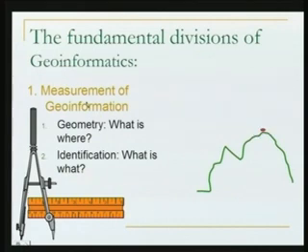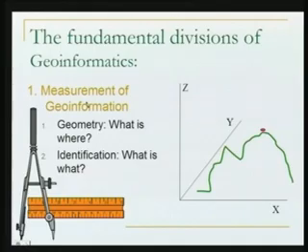The meaning is we need to define a reference system, like the coordinate system shown here, and fix the coordinates of this particular geoinformation, this feature. So we want to measure the x, the y and the z. The moment we measure x, y, z in our reference system, the geoinformation is measured.